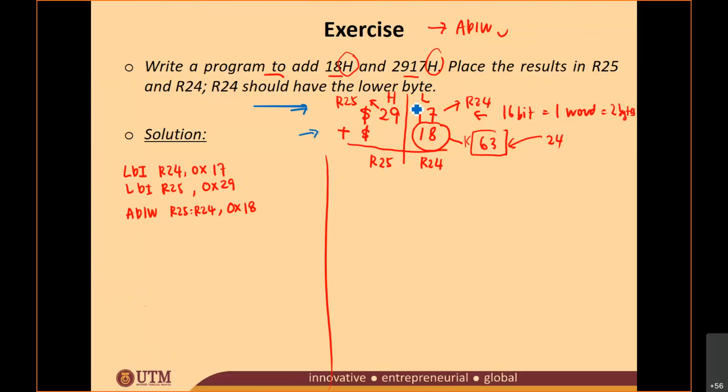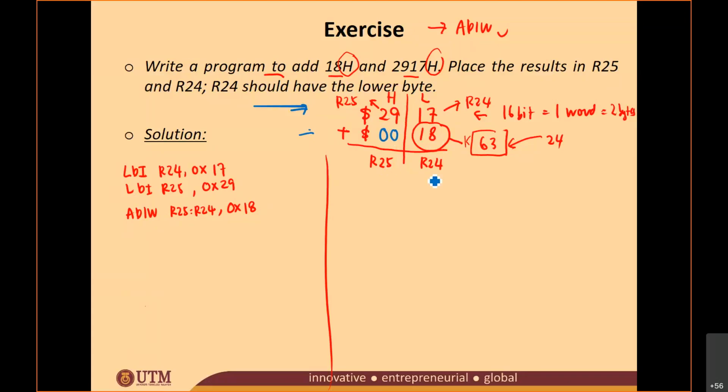Since the second number only has how many bits? 8 bits. So you need to put 00 here, adding another byte for the higher byte, because the higher byte you need to add with this number 29.